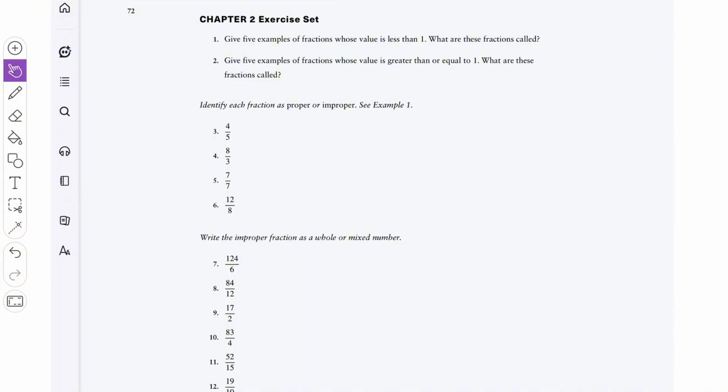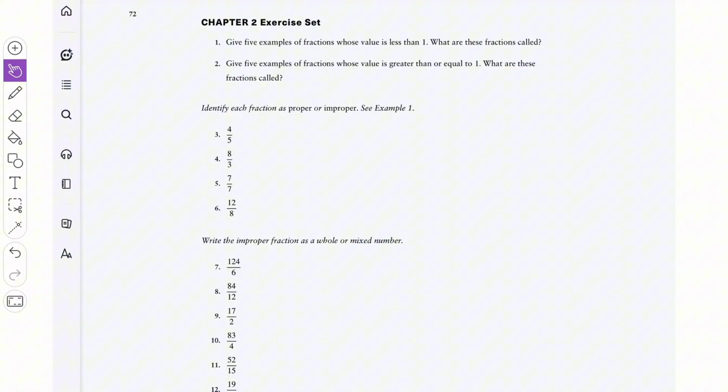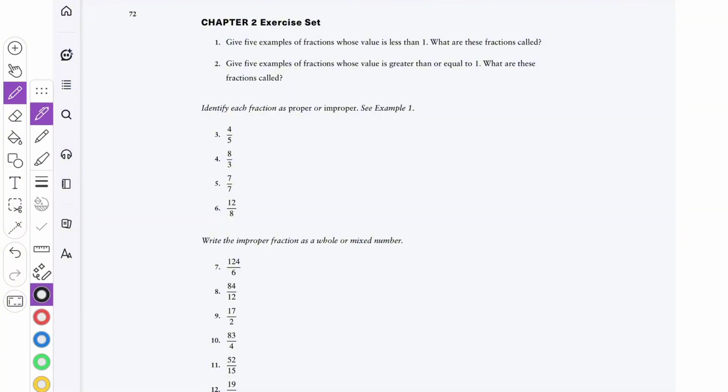So, number one, give 5 examples of fractions whose value is less than 1. So, I would say 1/2, 3/5, 100 over 302.